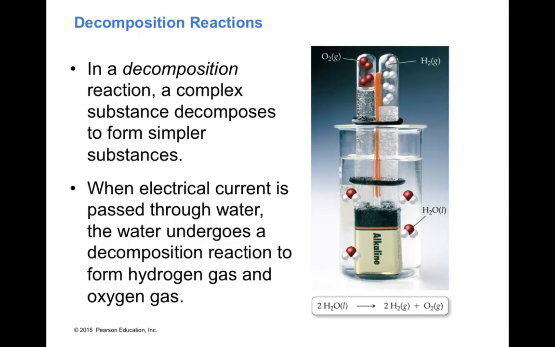So when you have the water and you pass an electrical current through it, then you can separate it and you will have molecules of hydrogen and molecules of oxygen. In that way, you started with one compound and you're producing two. So this is an example of a decomposition reaction.